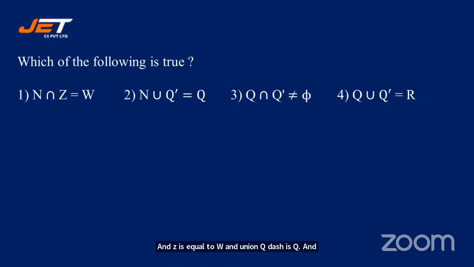Or Q union Q dash is R. Or the first option, N intersection Z is W. N union Q dash is Q. Q intersection Q dash is not equal to null. Following is true, isn't it? Yes. See the next question.